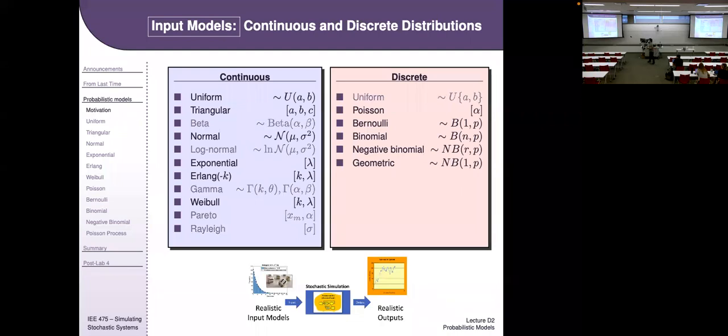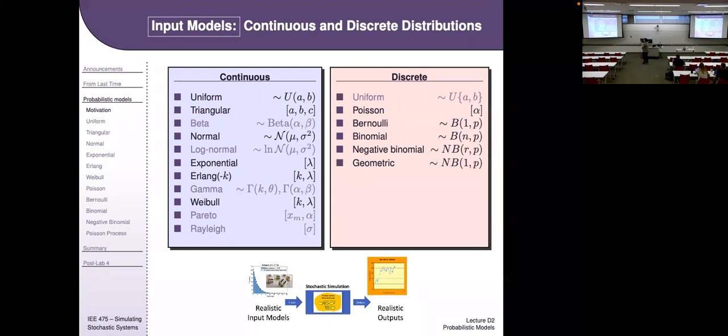In this class, we're going to start with the bold ones in this list and not worry about the gray ones. The bolded ones are very useful, but there certainly is a case for these other ones like beta, log normal, gamma, Pareto, and Rayleigh that you'll see a lot, but they're a little more advanced for this class.